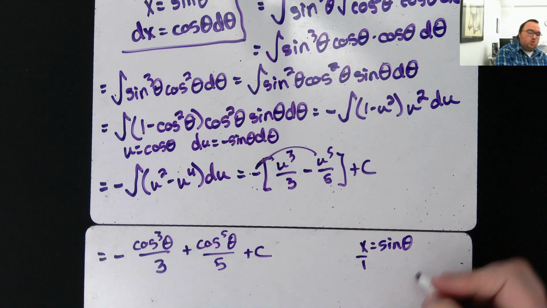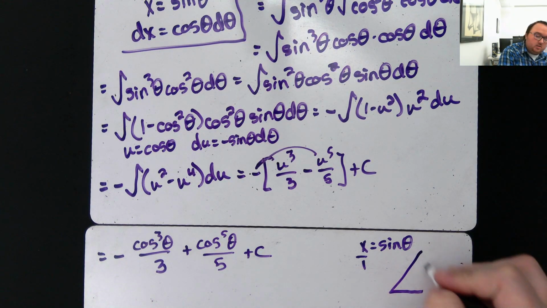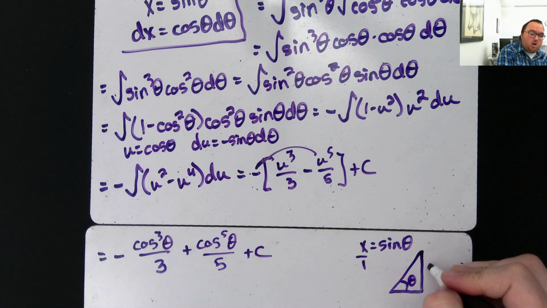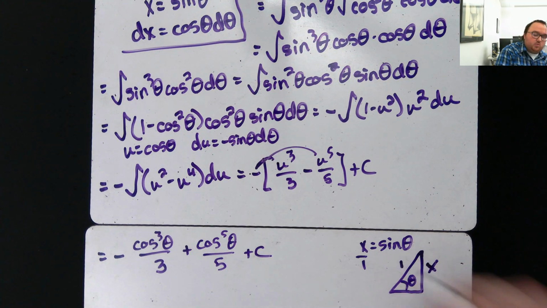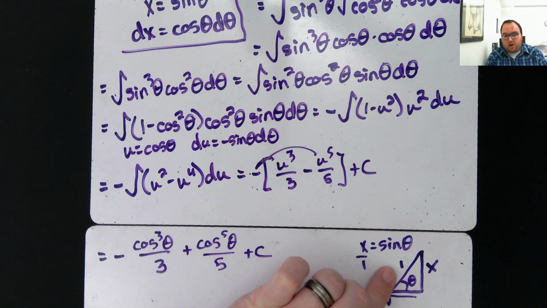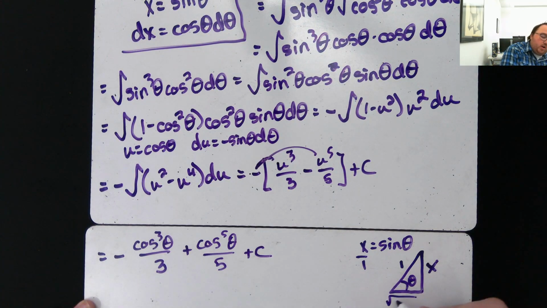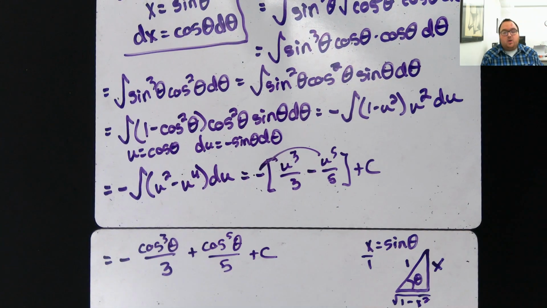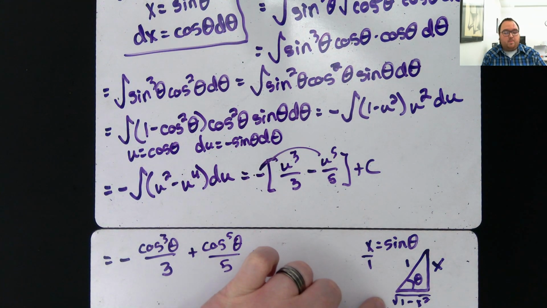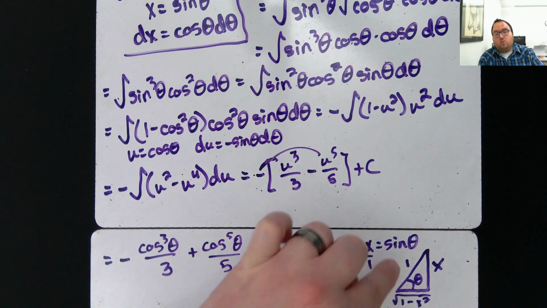right? So on my triangle, sine is equal to x over 1, so opposite is x, hypotenuse is 1, which means this missing leg is the square root of my hypotenuse squared, well 1 squared is just 1, minus my leg squared. Cosine is adjacent over hypotenuse, which would be square root of 1 minus x squared over 1.